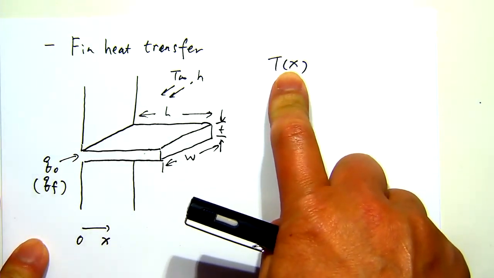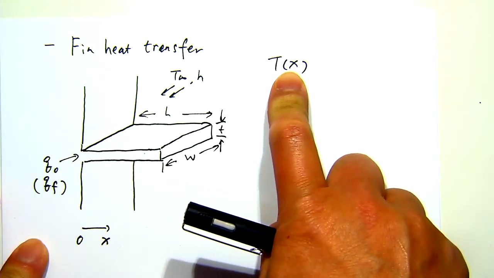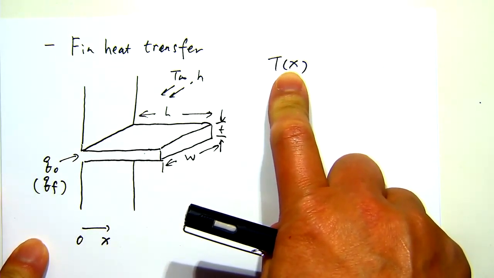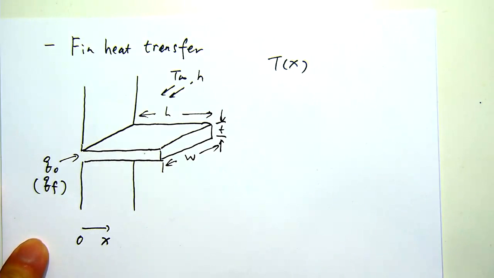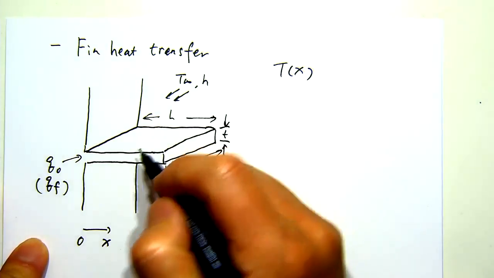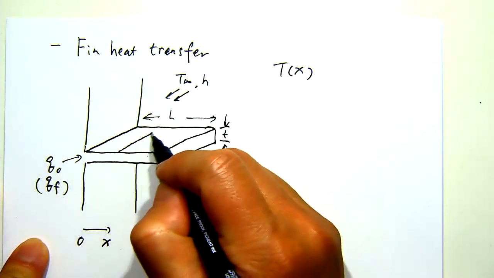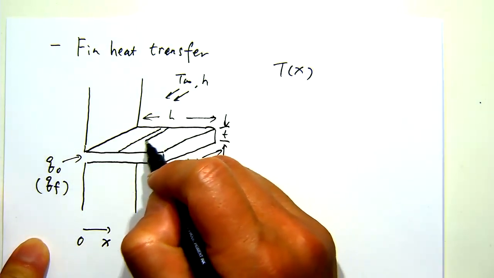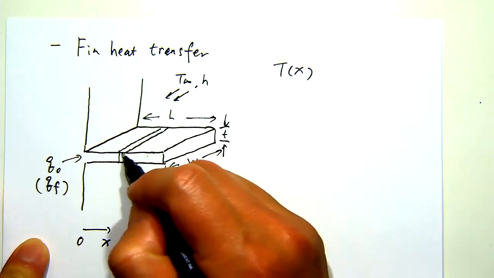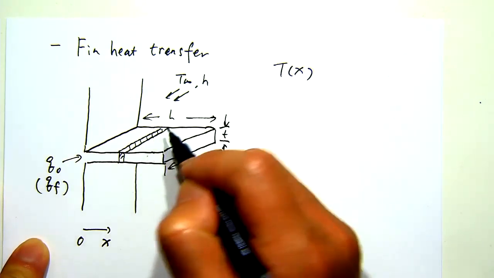To find out the local property, we need to start with a local volume. A local volume means an infinitesimal or a finite control volume, essentially. And what we did is we just chose a slice of the fin along the fin length.